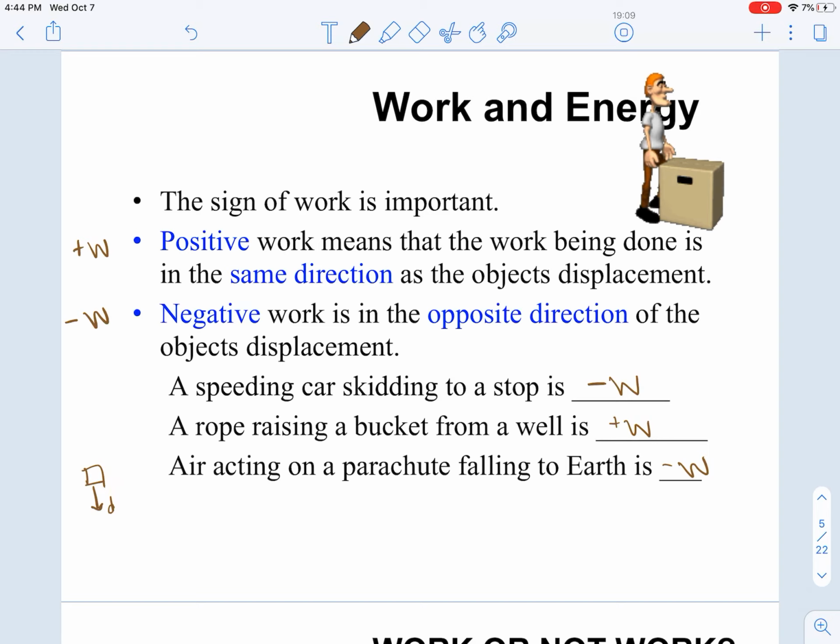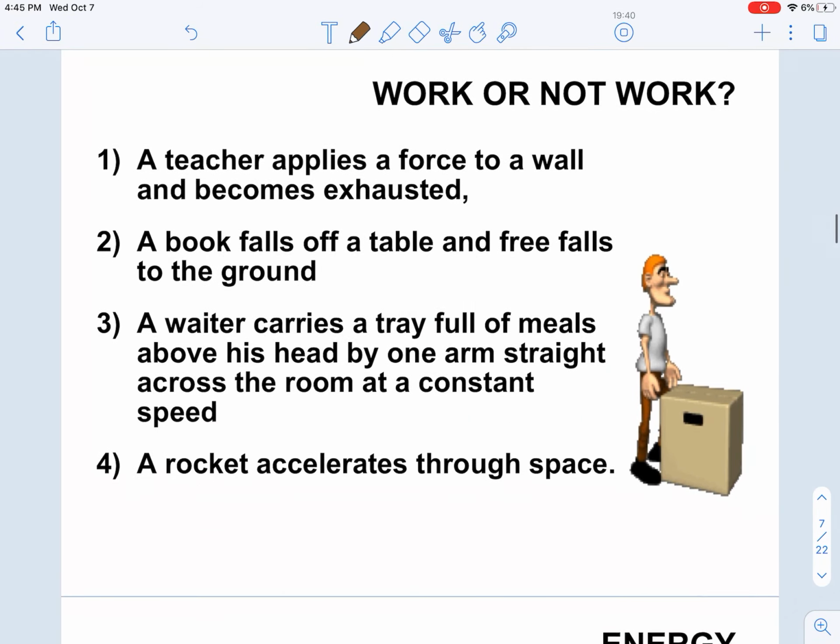Air resistance, lift, we could call it friction, whatever we want to call it, that air is there opposing the falling object, opposing the motion of the fall. So this once again would be 180 degrees, which is going to give me a value of -1, or we could just conceptually understand that the force that they are asking me about is in the opposite direction from the object's displacement, therefore it is negative work.